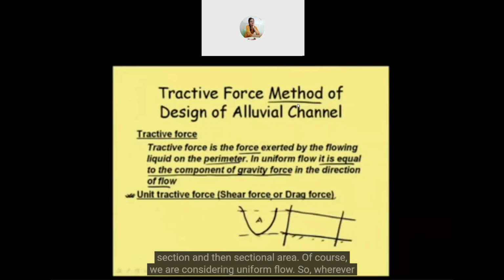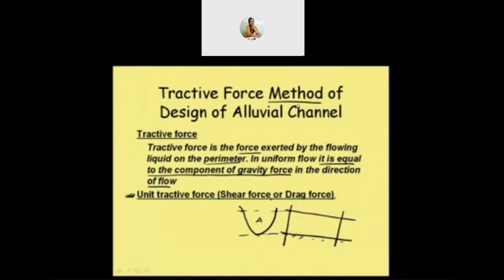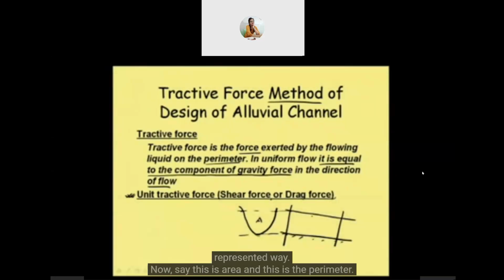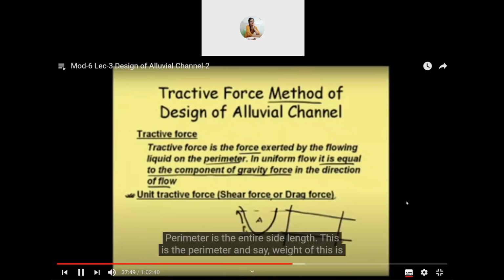Since we are considering uniform flow, it doesn't matter where we take the section. But if the channel is non-prismatic, it is better to take the section from the central part, so that it represents both sides well. Now this is the area, and this is the perimeter.